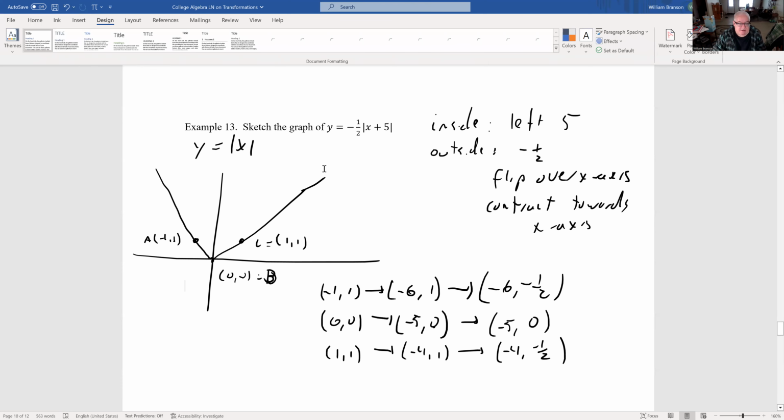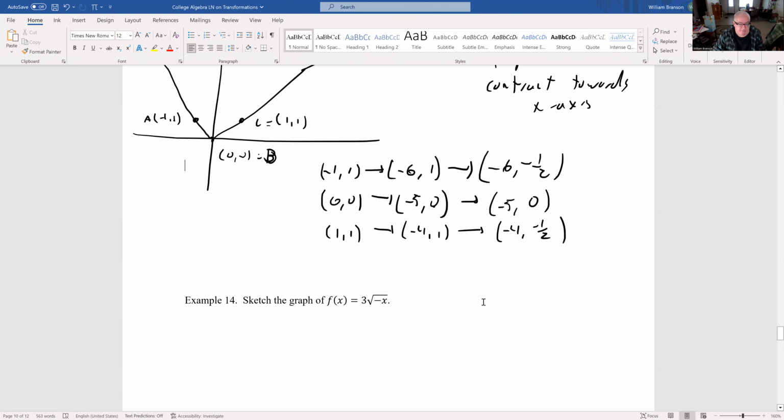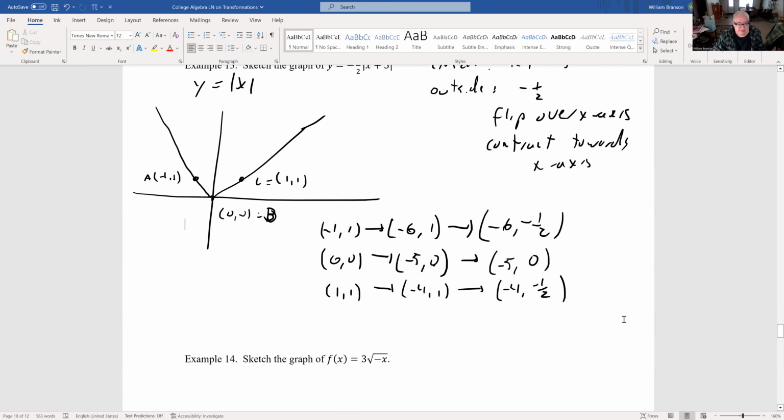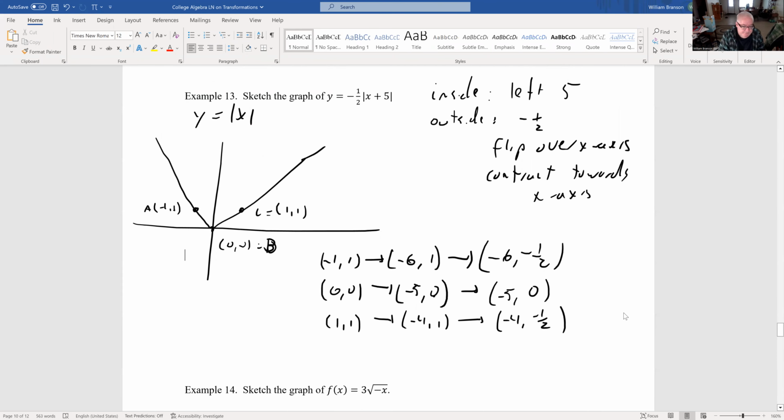Good. So what's the graph look like? Oop, I didn't leave myself much space. So we have -6, -5, and -4 as our x values.